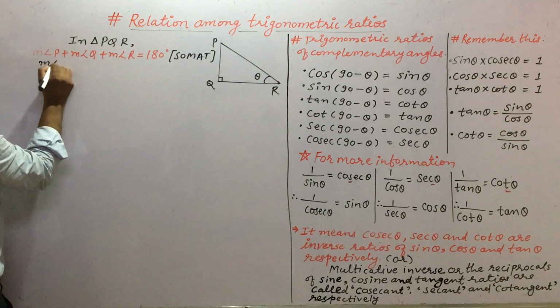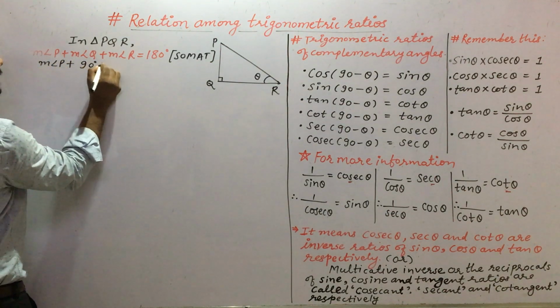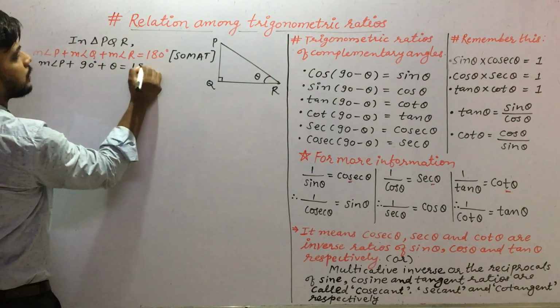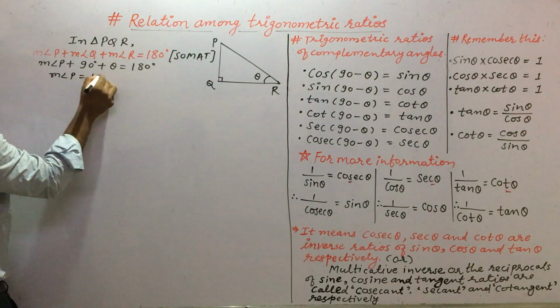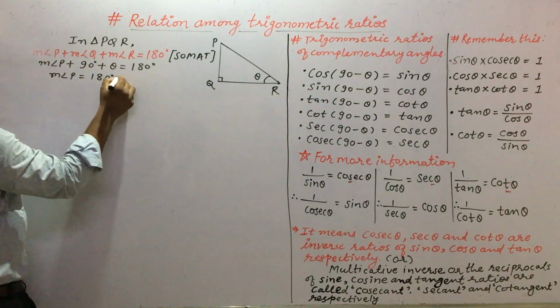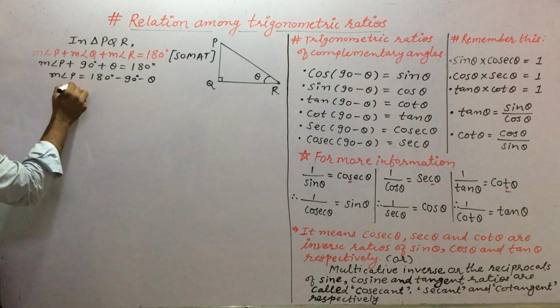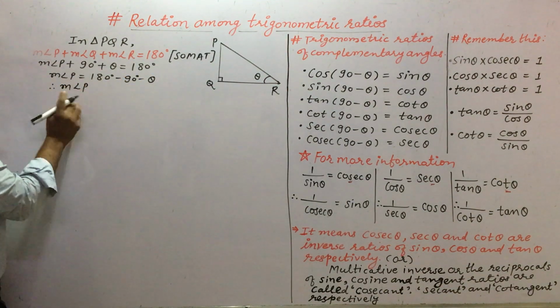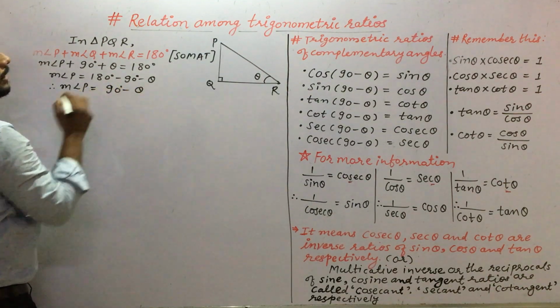So we don't know the measure of angle P. This is 90 degrees and this is theta, and the total is 180 degrees. So measure of angle P equals 180 degrees; I am bringing this 90 and theta to that side, so the sign will get changed. Therefore the measure of angle P will be 90 degrees minus theta.